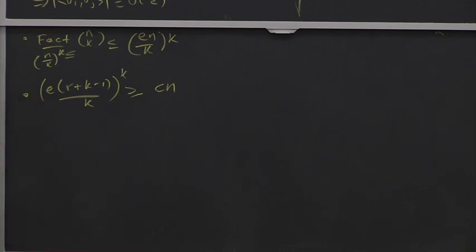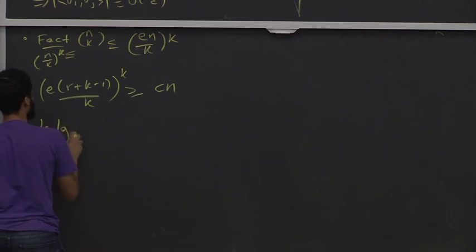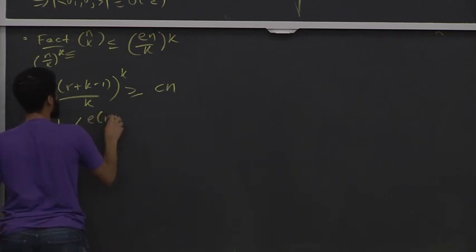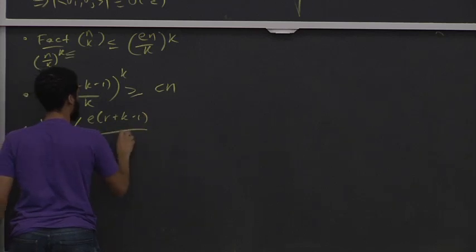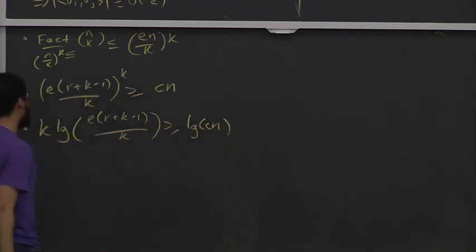Take logs of both sides, and then you get that k log of e times r plus k minus 1 over k is greater than or equal to log of Cn. Okay, and then I'll leave it to you as an exercise. This is basically now just a bunch of calculations. So remember what k is, and then move things around.